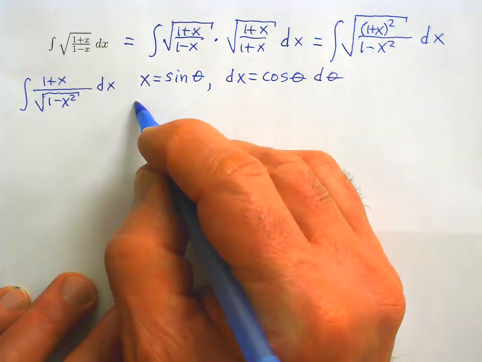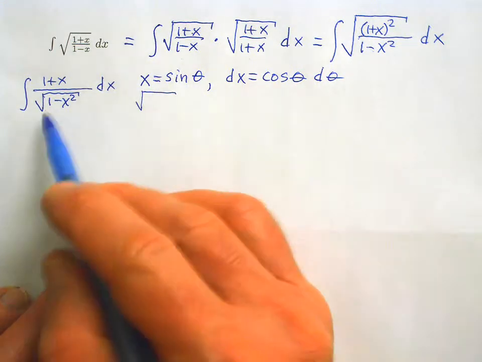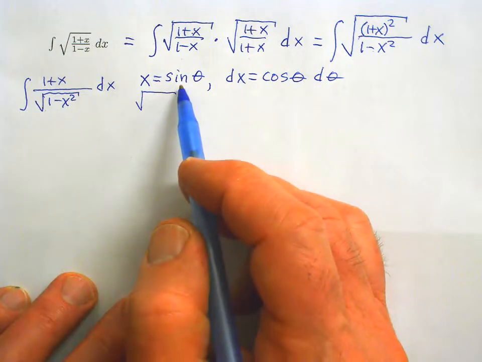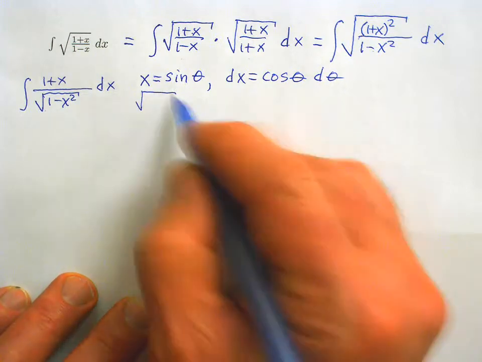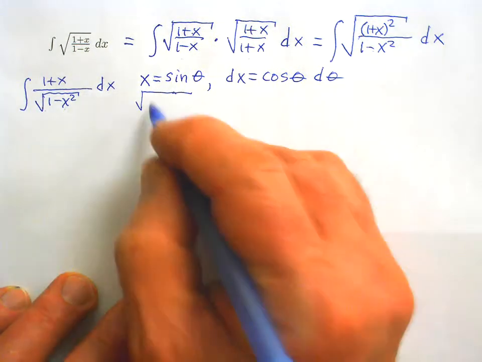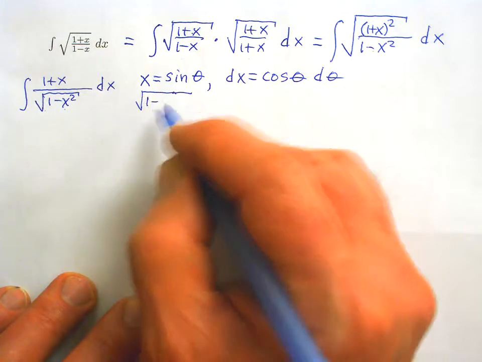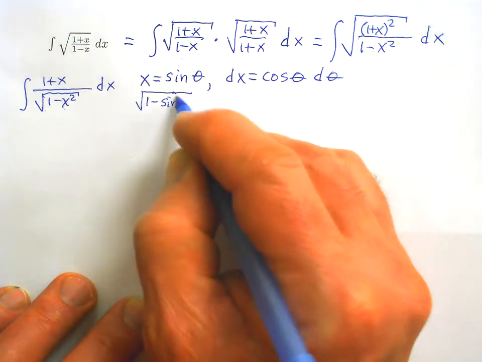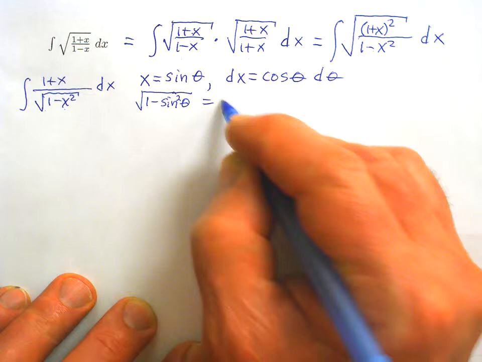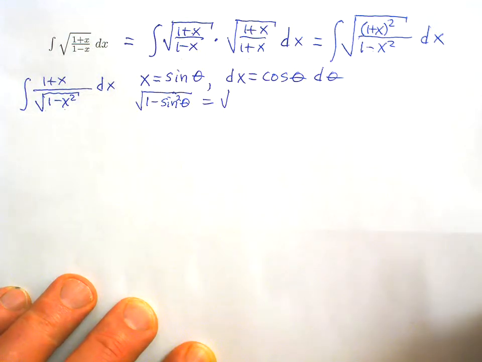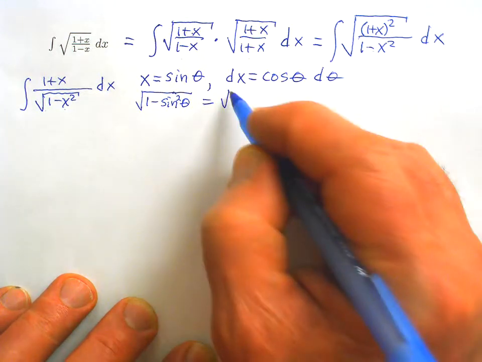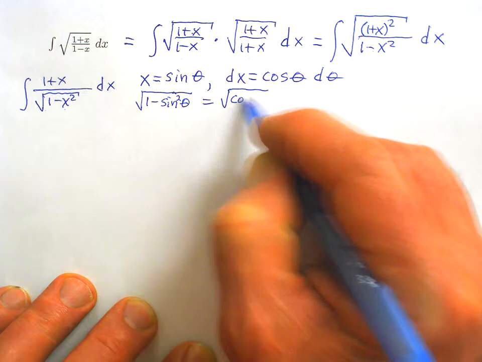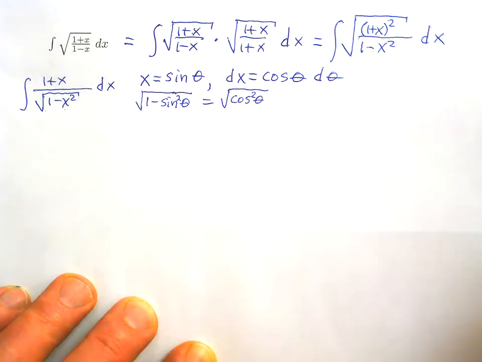Let's just look at the square root of 1 minus x squared with x replaced with sine of theta. So this denominator will become the square root of 1 minus sine of theta squared. But 1 minus sine of theta squared is cosine of theta squared, so we get the square root of cosine of theta squared, but the square root of cosine of theta squared is cosine of theta.